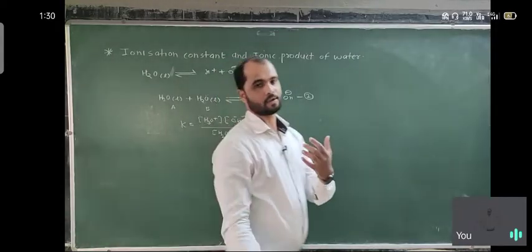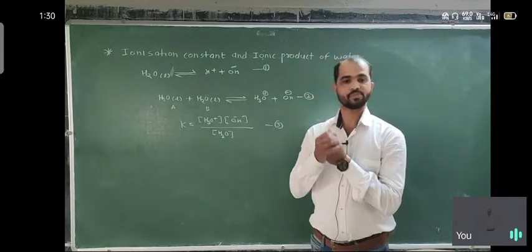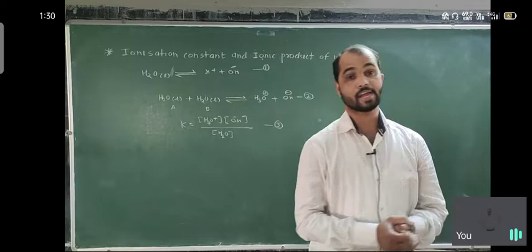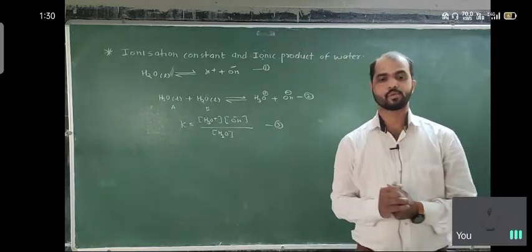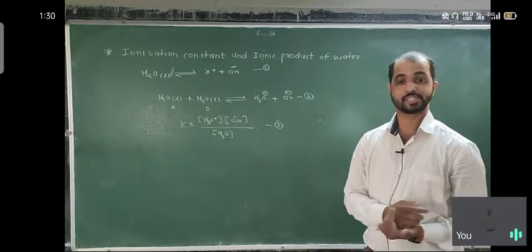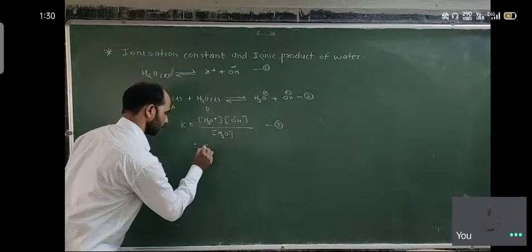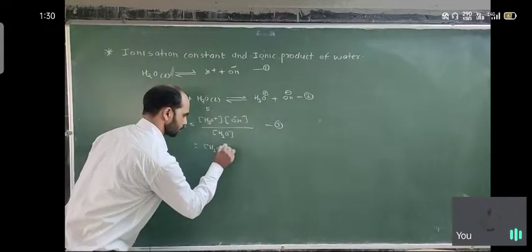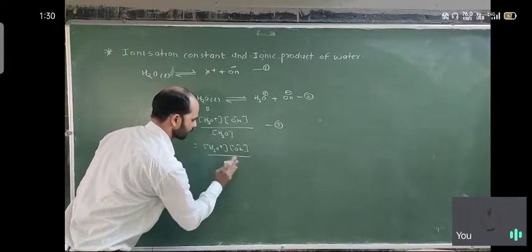Here this is pure water, water present in excess amount, a weak electrolyte whose dissociation or ionization is very small. That means the concentration of water molecules here is considered as a constant. If we consider it as a constant, we get H3O plus into OH minus equals small k.